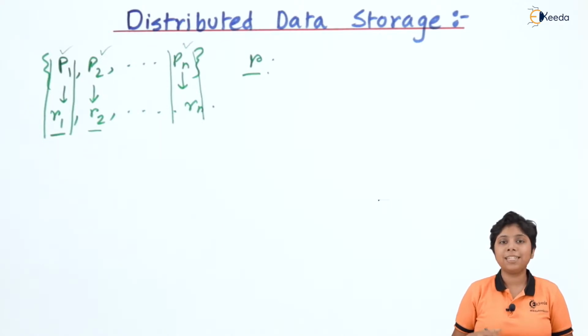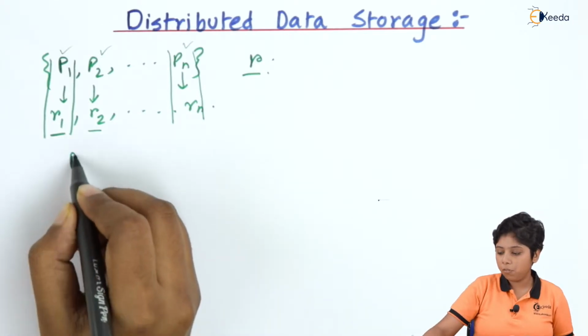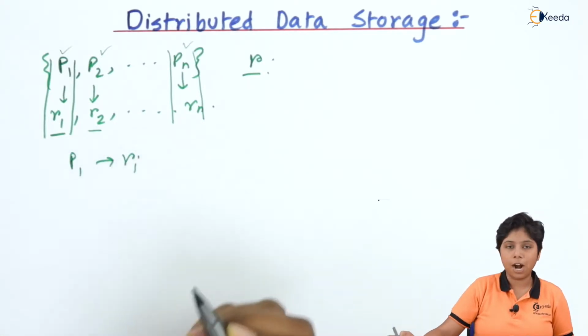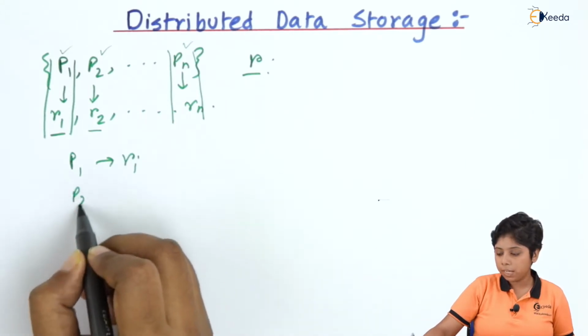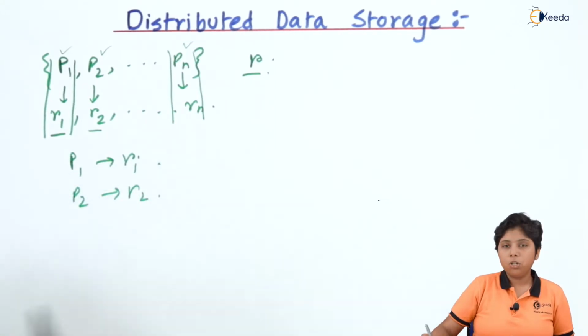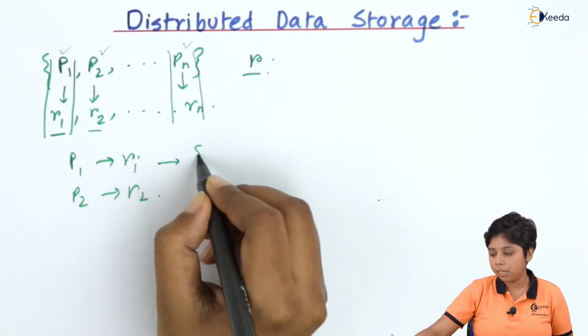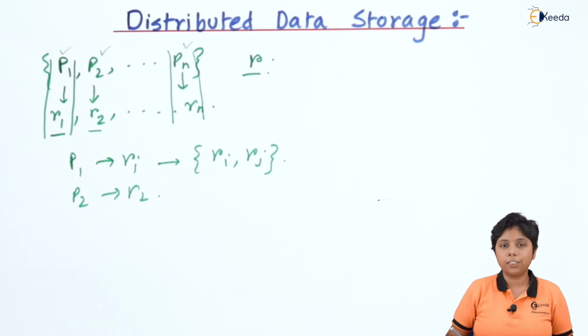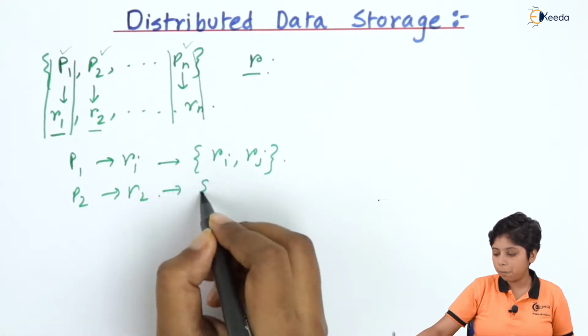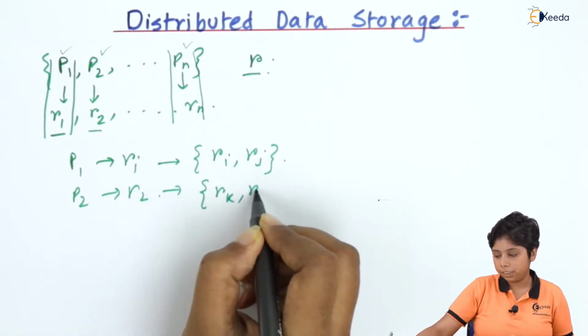But there is also increased overhead. This is related to the previous terms, availability and parallelism. Suppose P1 is updating its copy of R, or P2 is updating R2. Say P1 is updating parts Ri and Rj of R1, and P2 is updating parts Rk and Rj.